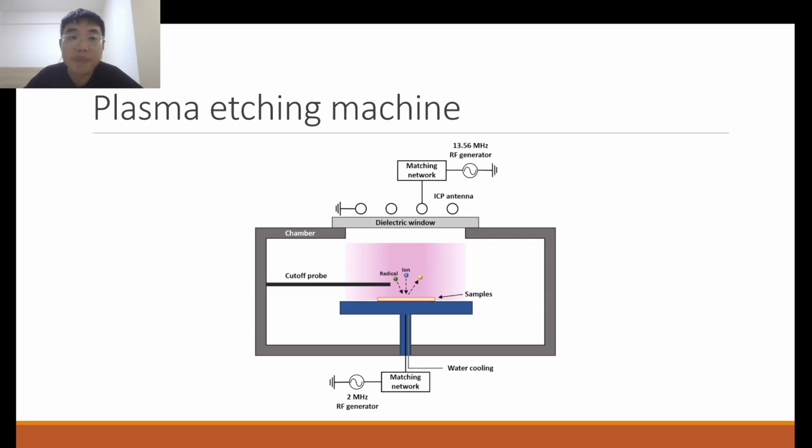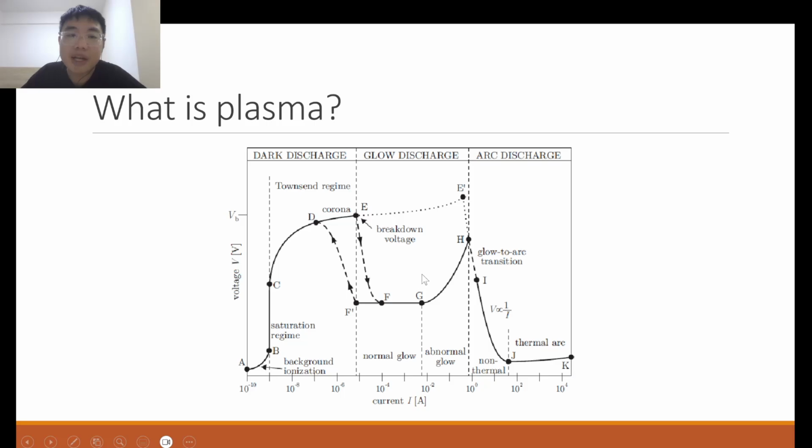Okay, so what is plasma? Some people call it the fourth state of matter, but basically the idea is that when you apply a very strong electric field, normally it's application of a strong electric field, although it can also be through laser irradiation, a gas starts to become electrically conductive.